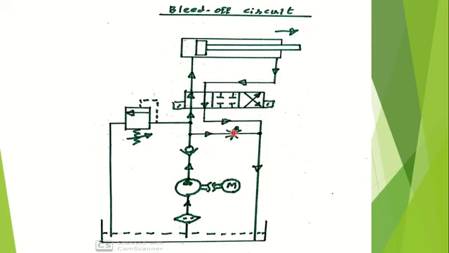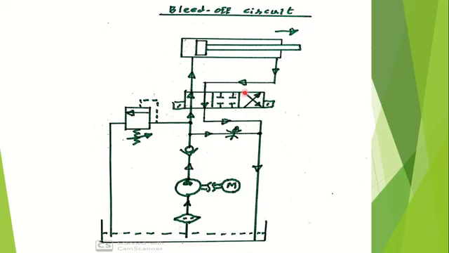If you open 50%, then 50% of the flow will move in this direction, and the remaining fluid moves in this direction via the direction control valve. So here the fluid entering the system is metered, and hence you get speed control during forward stroke. This is the function and assembly of the bleed off circuit.